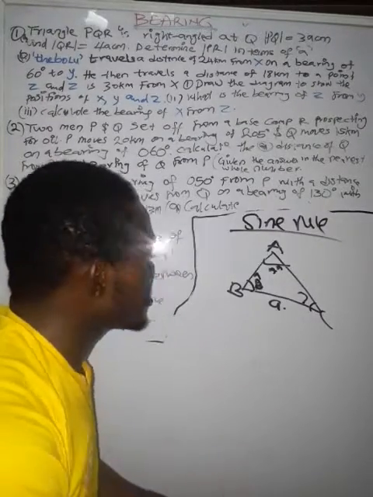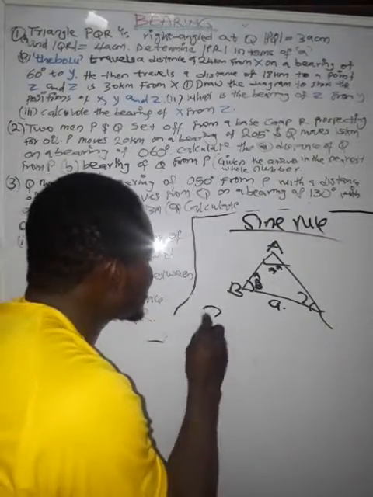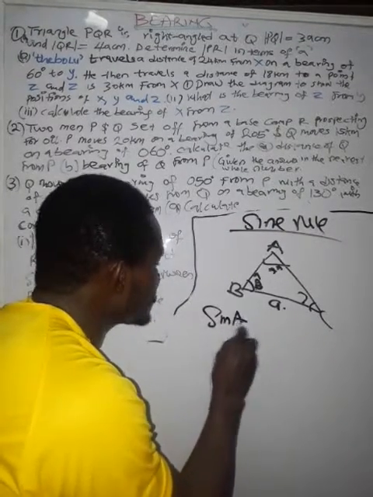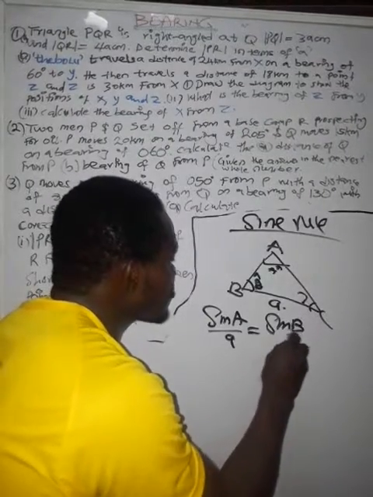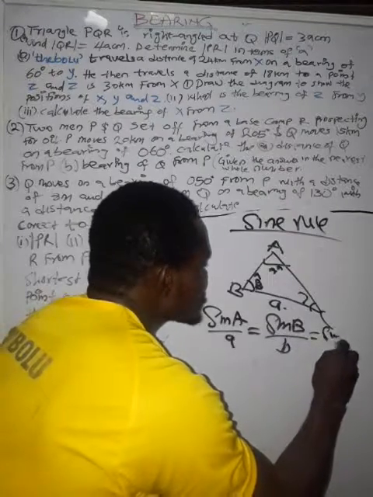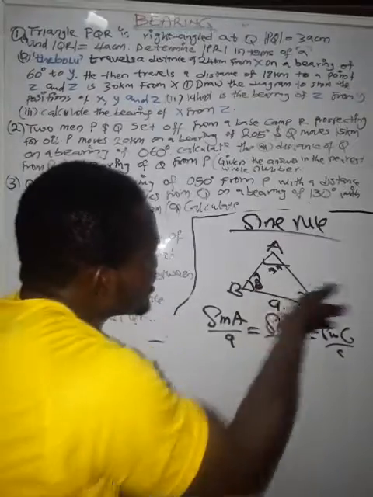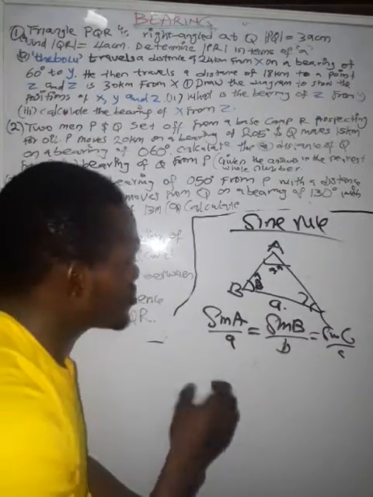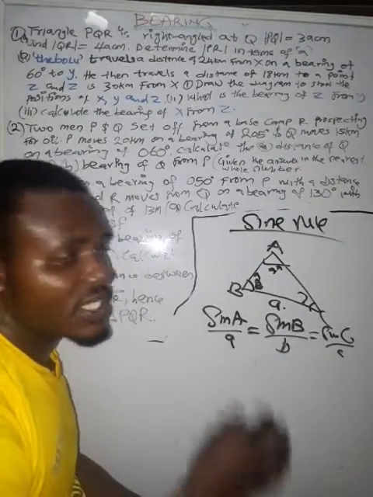So if I know 2 angles, the formula is saying that sine A over small a is the same thing as sine B over small b is the same thing as sine C over small c. By the time you substitute whatever is in the triangle into this equation, the complete one with one half complete, that is what we will use.